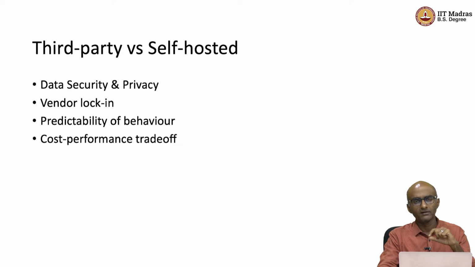But there is a way around it. OpenAI has done a partnership with Microsoft Azure, and you can run OpenAI's models deployed within the Azure region if the Azure region is available in your country. So that's a workaround, right?